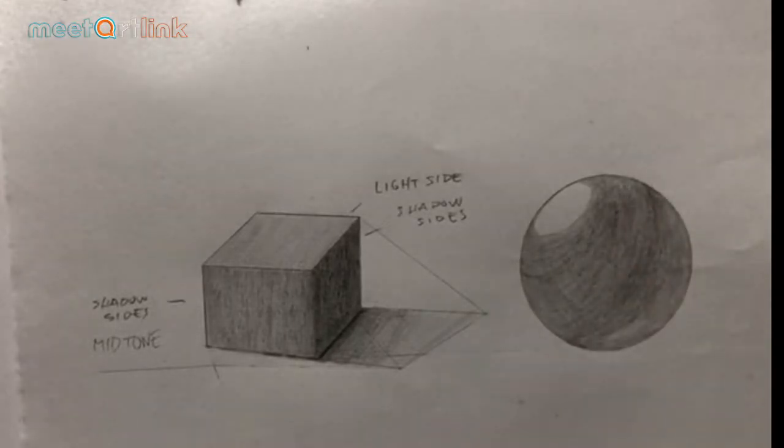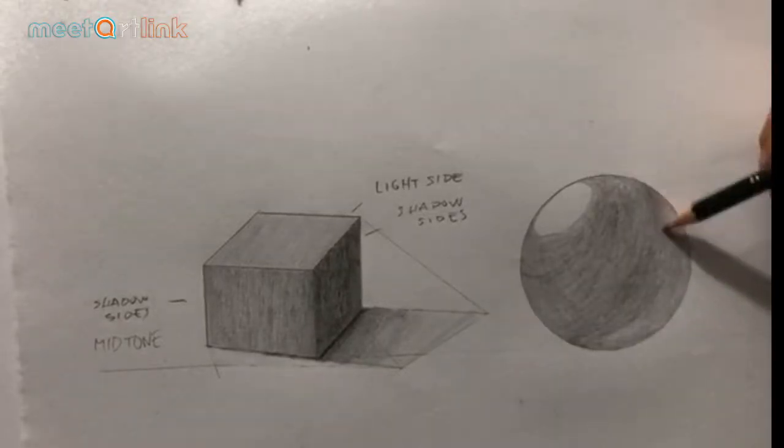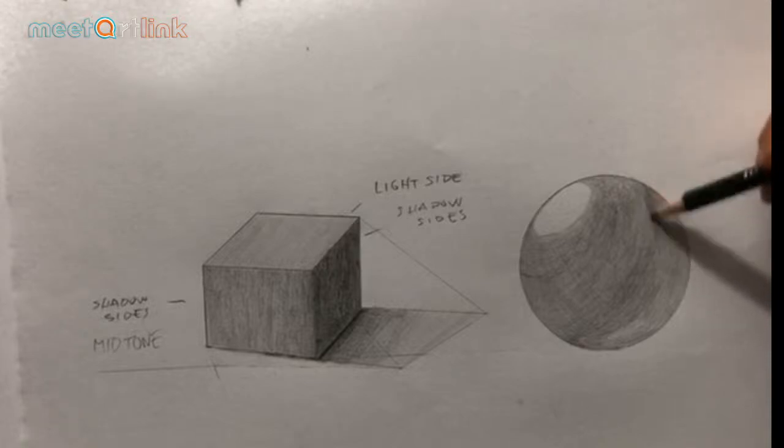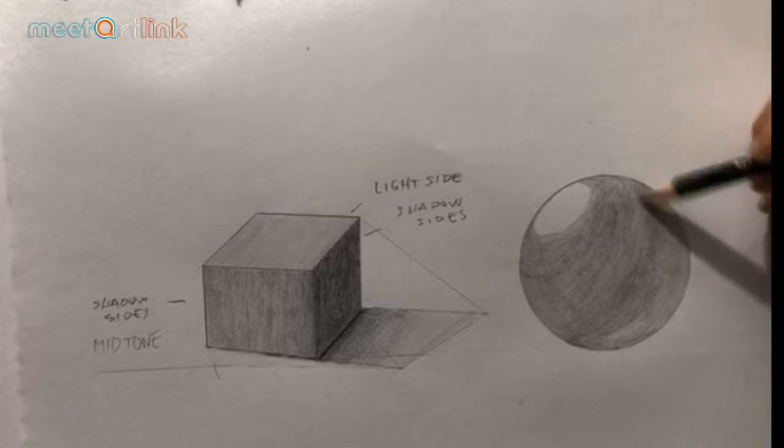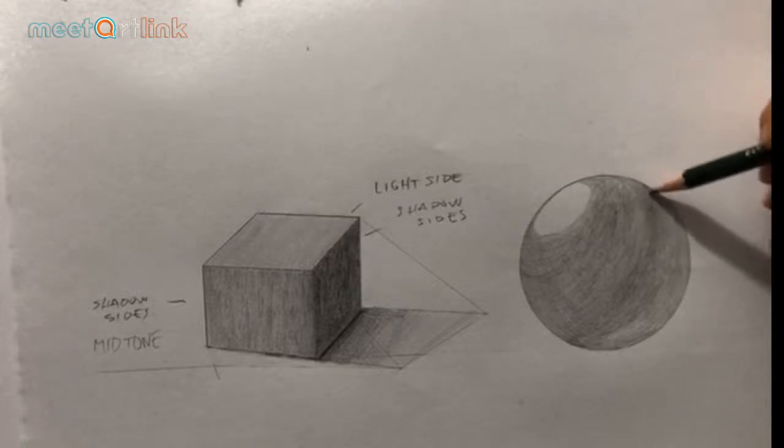Okay, so I'm going to go darker with this. Make sure I do that where my core shadow is, where I have my darkest point of the whole object.